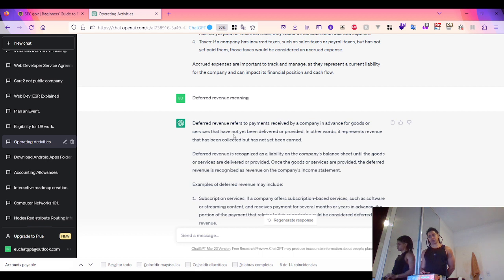In other words, it represents revenue that has been collected but has not yet been earned. So deferred revenue is recognized as a liability on the company balance sheet until the goods or services are delivered or provided.